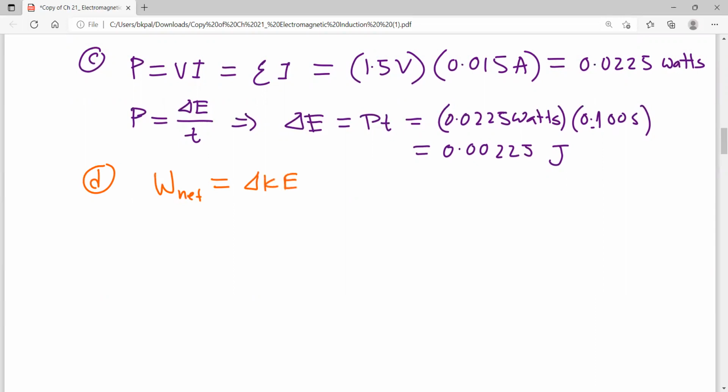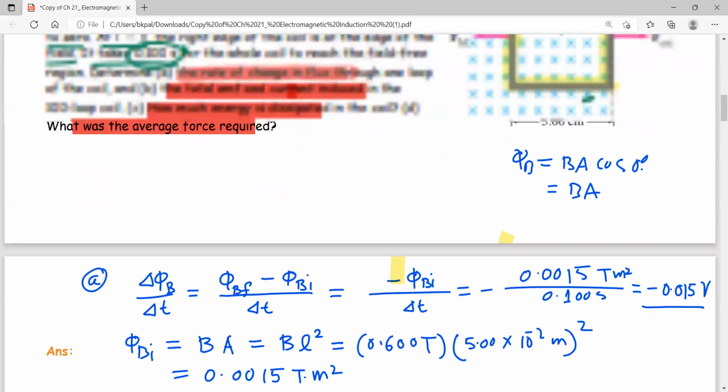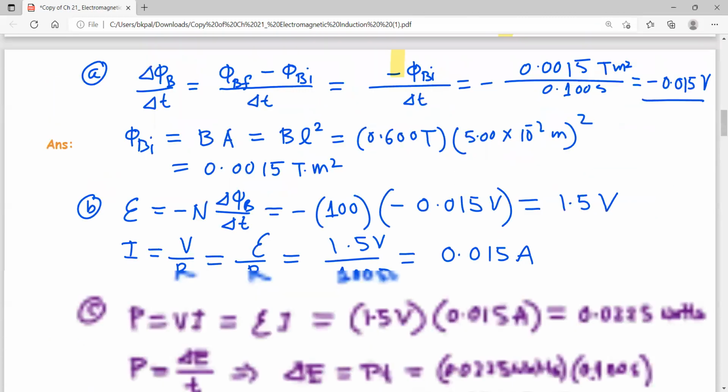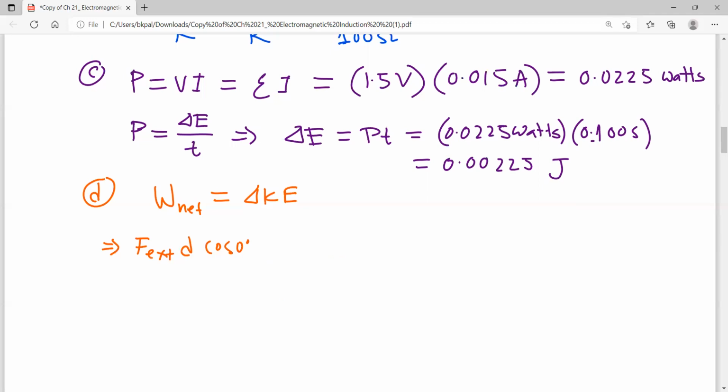Now W net, we can write as F external times D times cosine 0 degree, because someone pulls in this direction and the displacement is also in this direction. So in the expression for the work, theta is 0 degree.